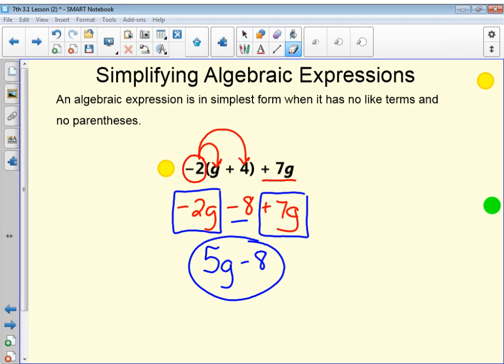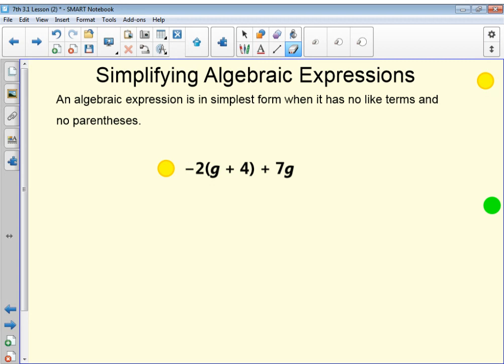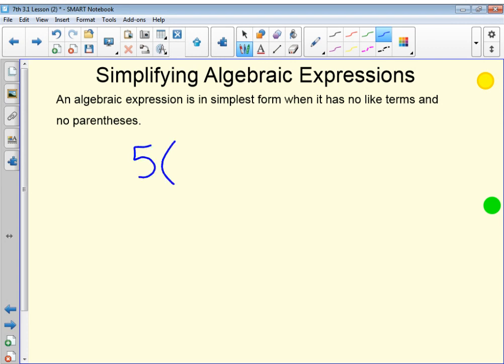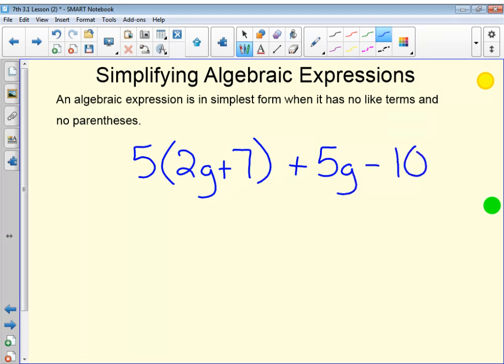So let's go ahead and write another one up. Okay, so let's do 5 times 2g plus 7, plus 5g minus 10. Let's go ahead and simplify this.